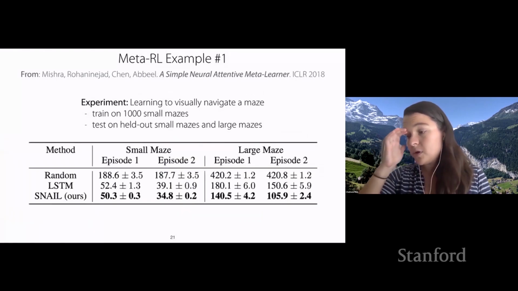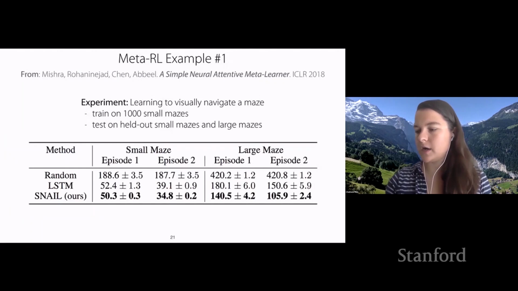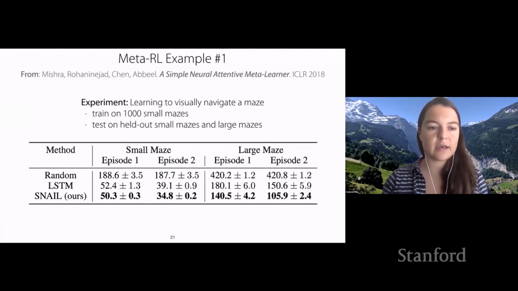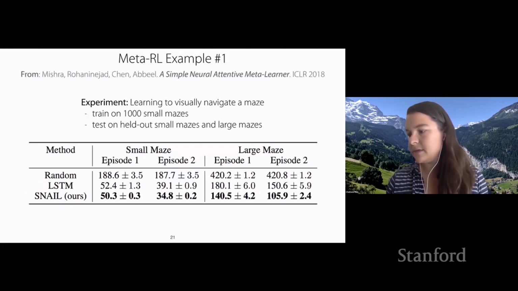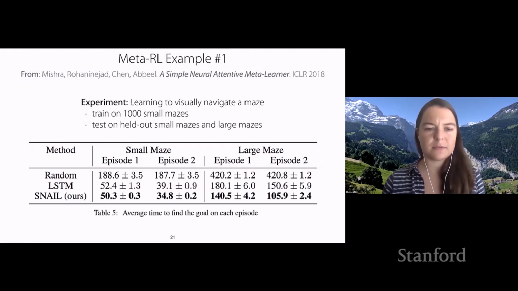Cool. And then they also had some quantitative results where they compared this architecture that uses attention and convolutions to an architecture that uses an LSTM. Here they're looking at the average time to find the goal within each of the two episodes.